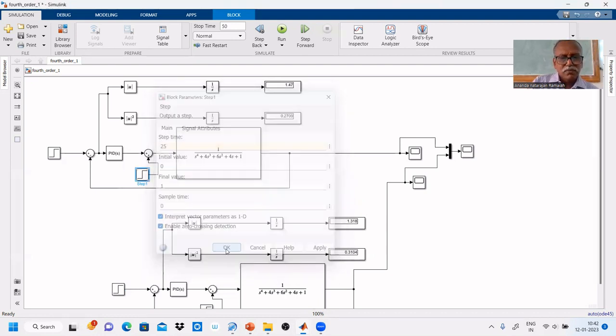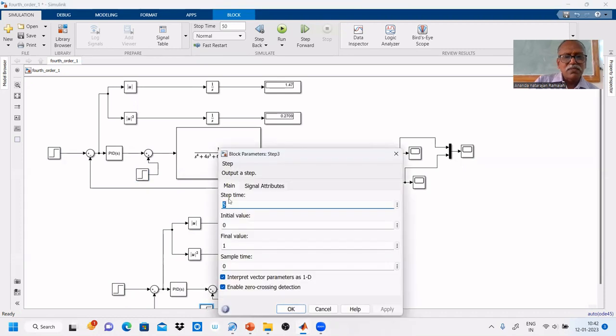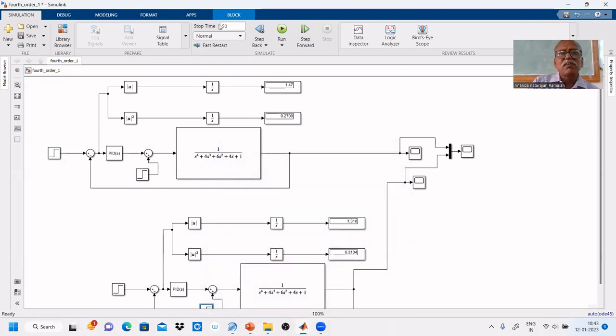Here also I am giving the disturbance at 25 because at 25 it has already settled. But the simulation time is not sufficient, so I will increase it to 100. That's all. Let us simulate.